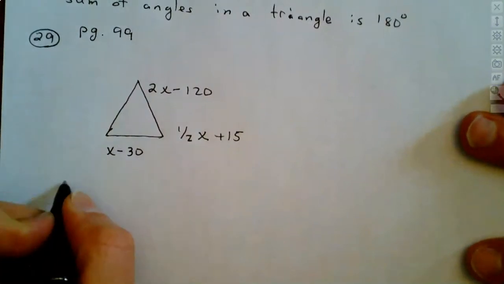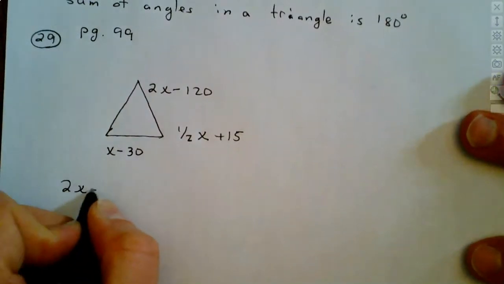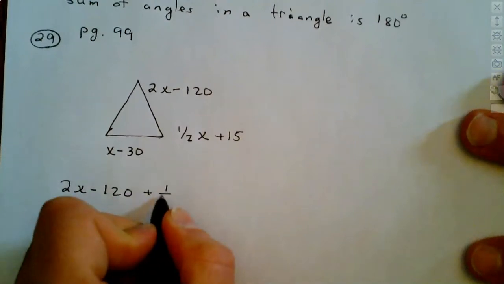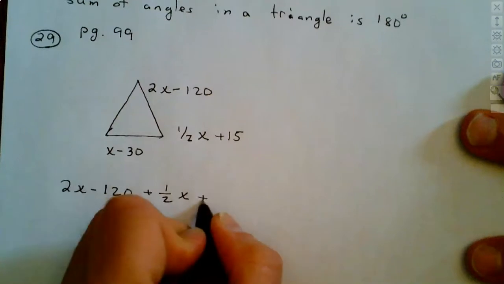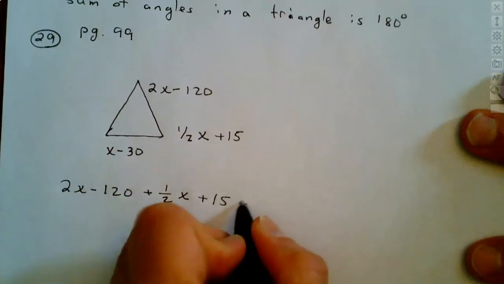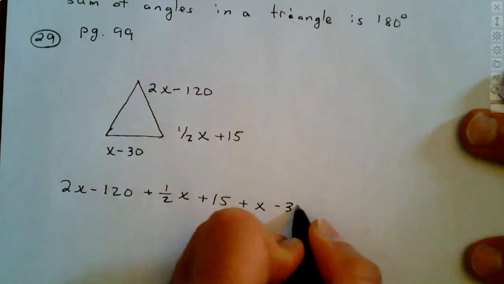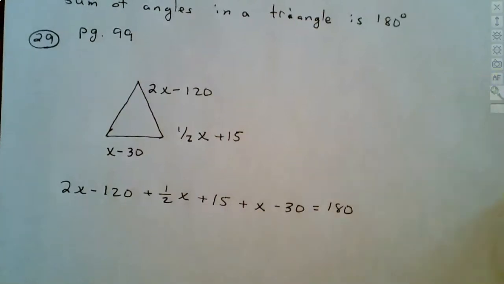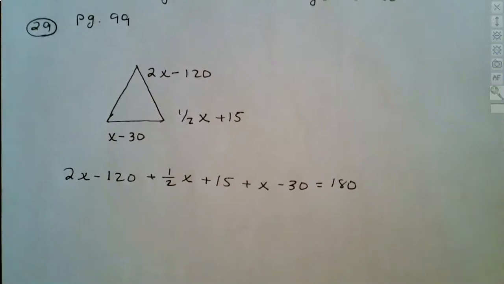So our equation is then 2x minus 120 plus 1/2 x plus 15 plus x minus 30 equals 180. We can go ahead and combine, and then we'll clear our fractions. So let's go ahead and add some things together.